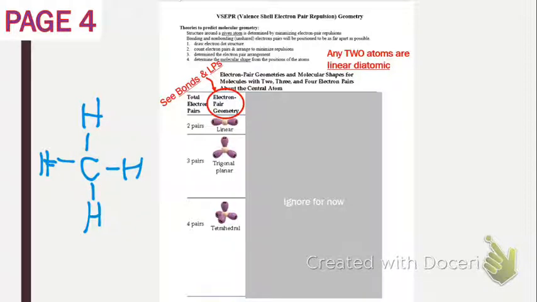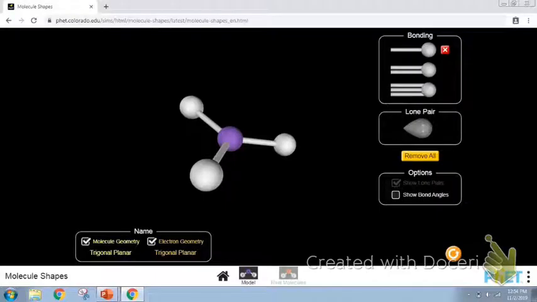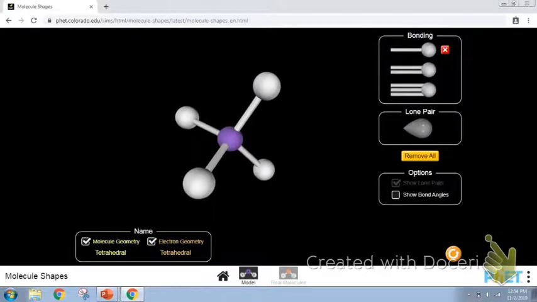But in real life, these molecules can move around in 3 dimensions. And so right now, these hydrogens are only 90 degrees apart, but in 3 dimensions, we give them more space to be in this tetrahedral shape.